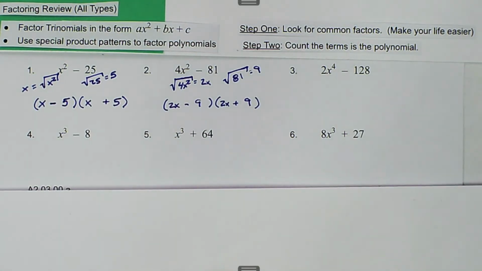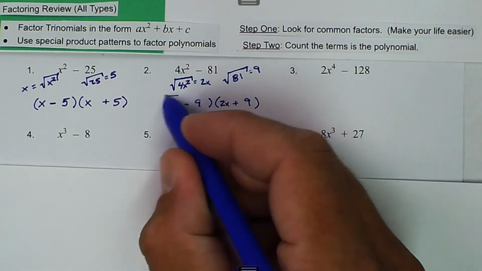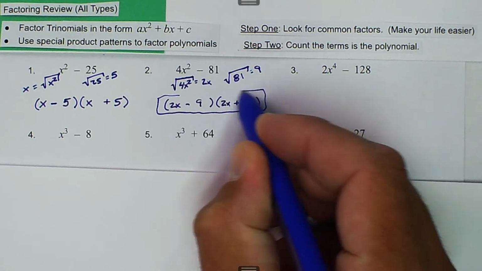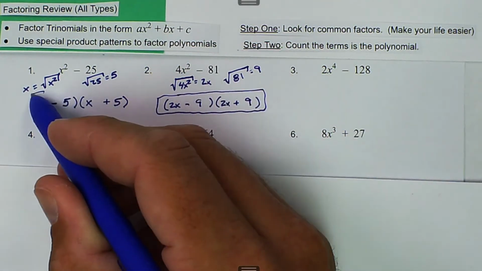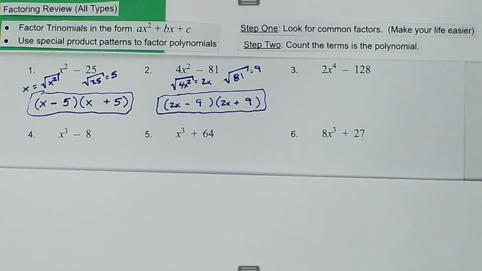Now we look at example 3, and we notice that we don't have a perfect square. Here we have 2x to the 4th minus 128.